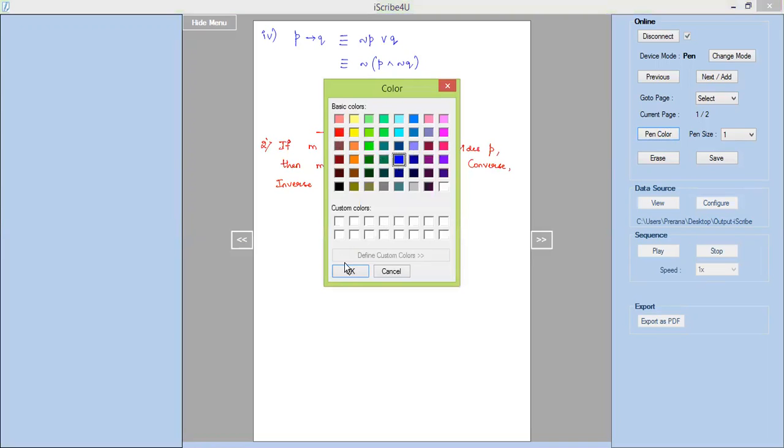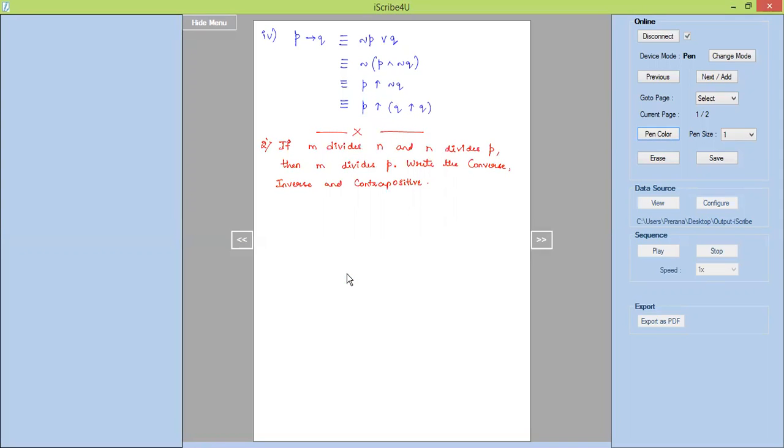So first let us write down the given statements, or the propositions, in terms of P, Q and R. I have one proposition as m divides n. The second proposition I can read as n divides p. And thirdly we have m divides p.